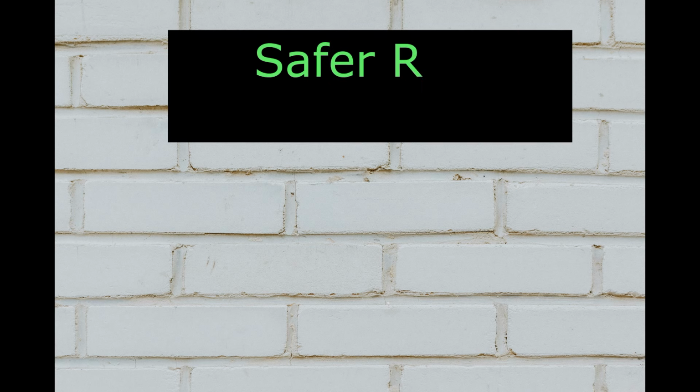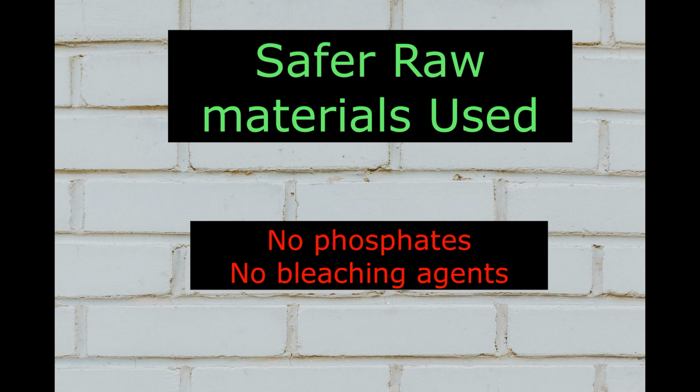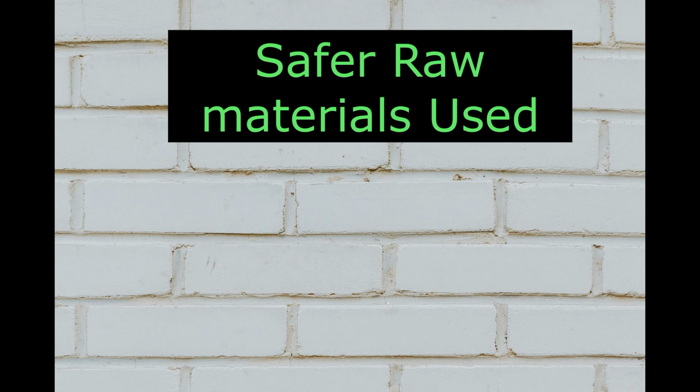And another thing, we have chosen good raw materials to formulate this formula. We didn't include phosphates or any bleaching agents. We have chosen the raw materials generally used for premium quality liquid detergent formulation. So it will not affect our fabric texture, and it is not bad for our environment or even for our health.